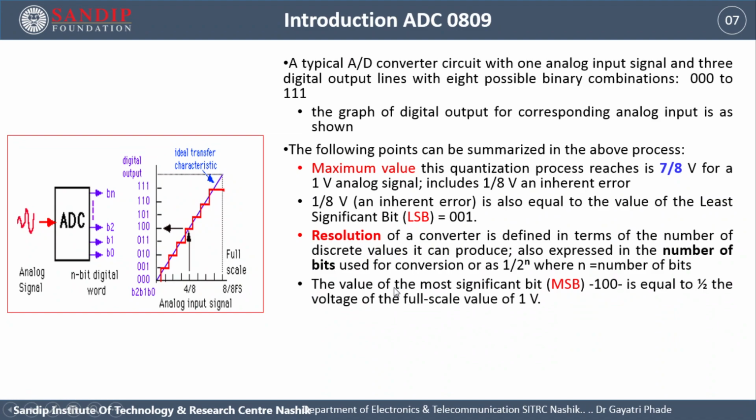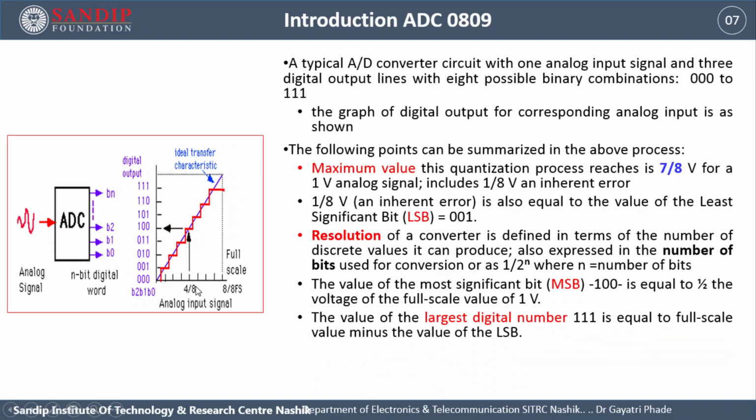The value of the most significant bit, MSB, 100, is equal to half the full scale voltage value. The value of the largest digital number 111 is equal to the full scale value minus the LSB, that is 7/8.